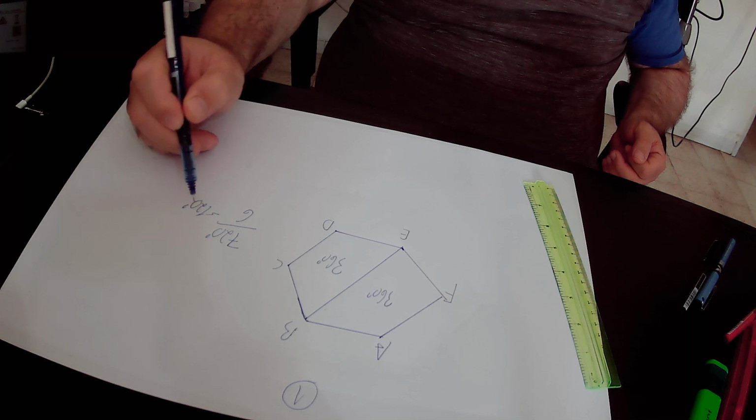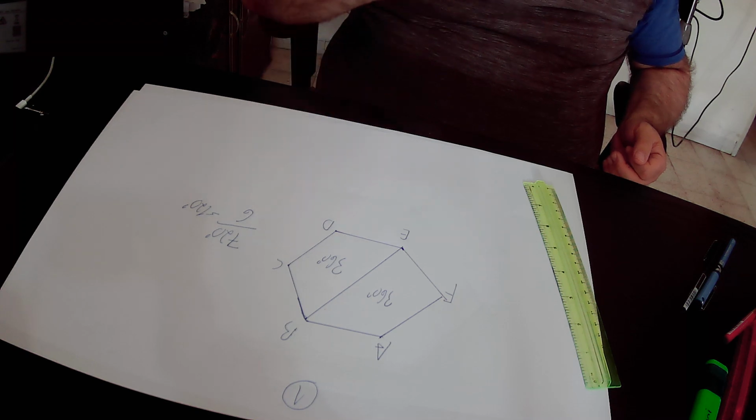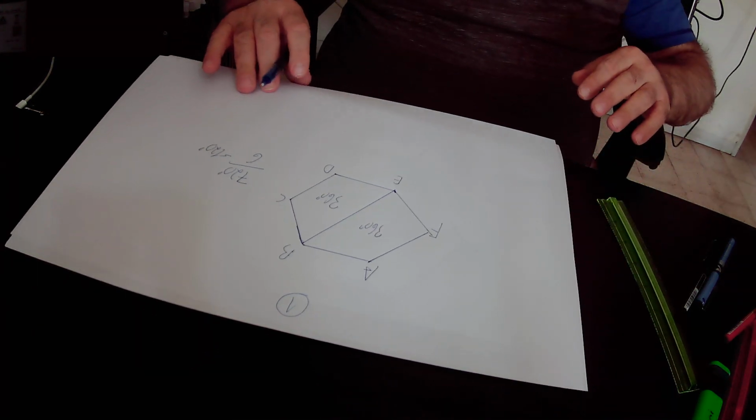That is the size of one angle. So each of those 6 interior angles is equal to 120 degrees.